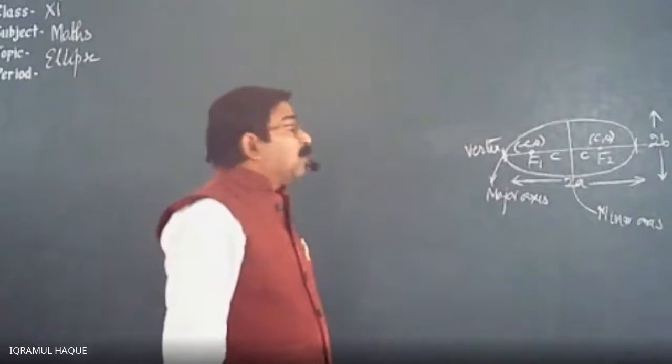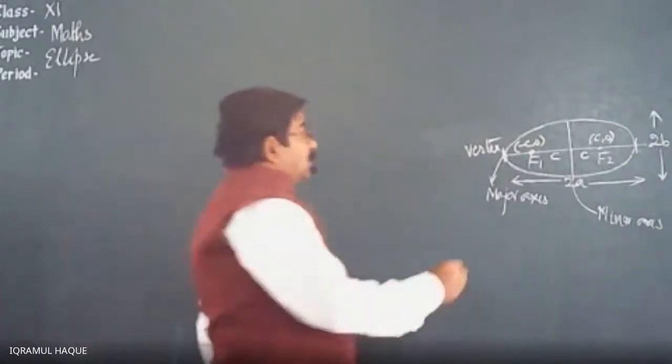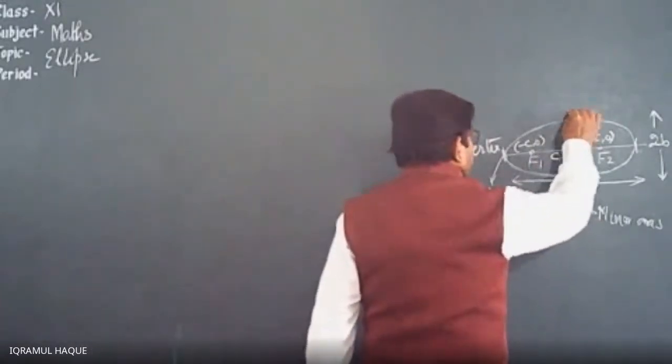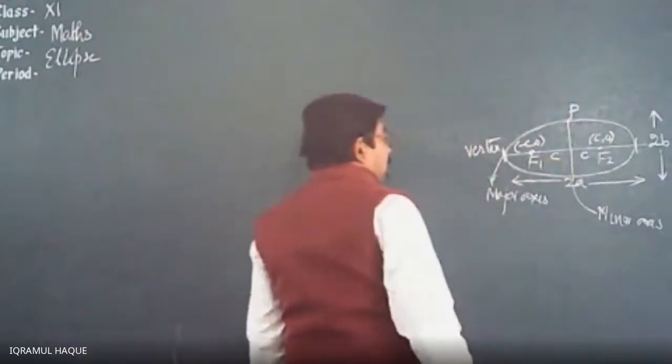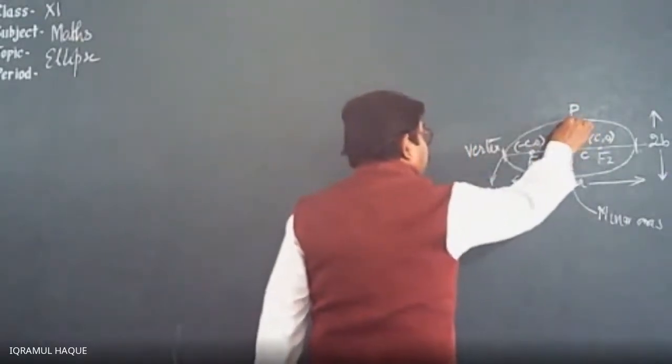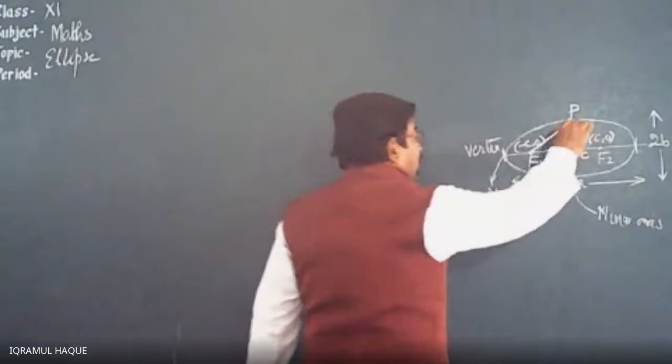So what is the constant? Suppose we have a point P on the ellipse. So PF1 and PF2.